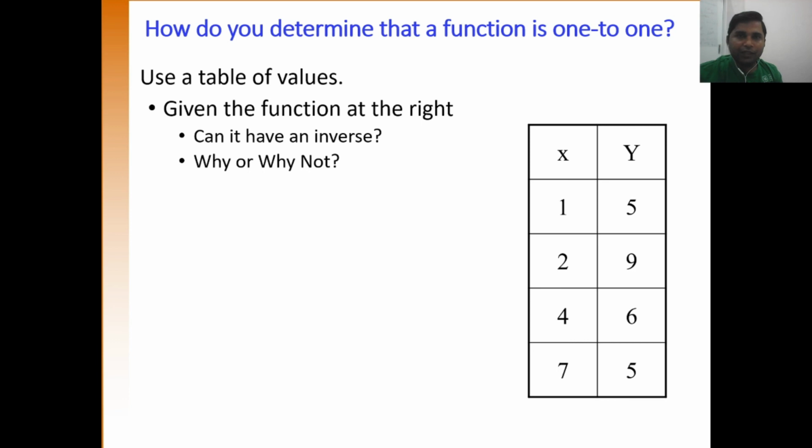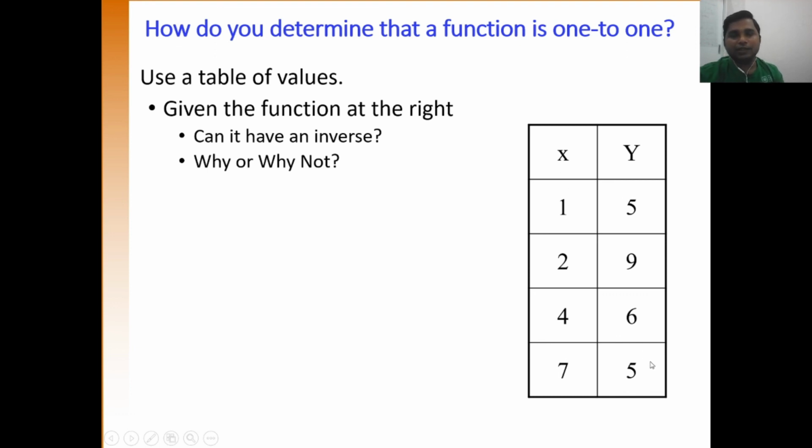Use a table of values. From the table of x and y values, you will see whether the function is one-to-one or not. For 1 you're getting 5, for 2 you get 9, for 4 you get 6, for 7 you get 5. So for two different x you're getting the same value of y.